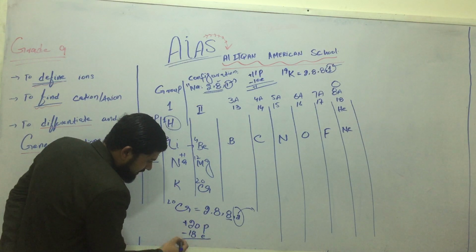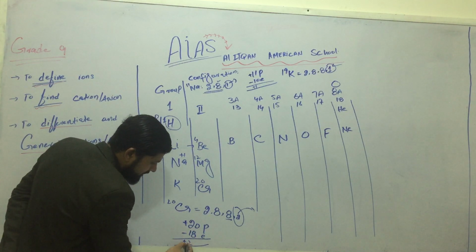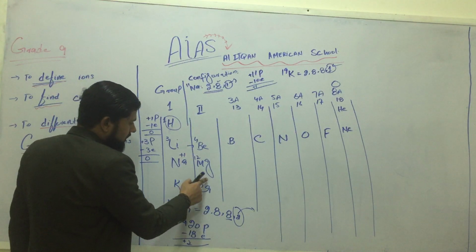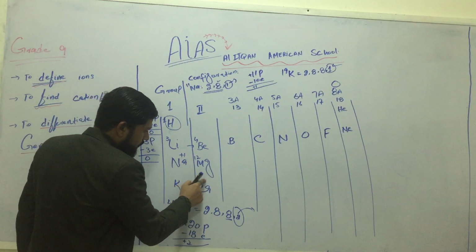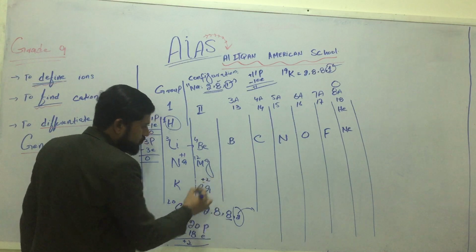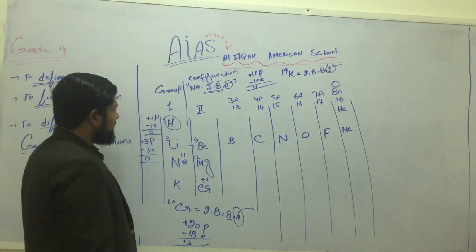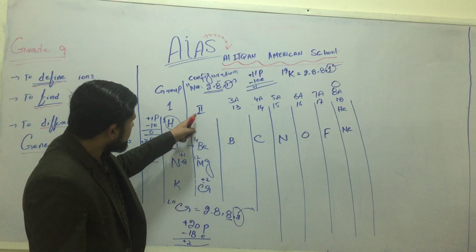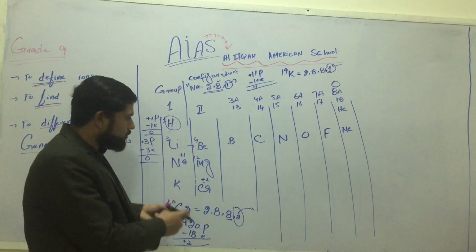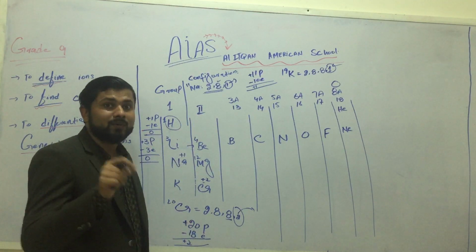So plus 20 and minus 18, the answer would be plus 2. So this is why calcium, if I talk about it as a charge, would be plus 2 charged. Okay. Similarly, all the elements in group 2 would be charged by 2. The next elements are up to you.